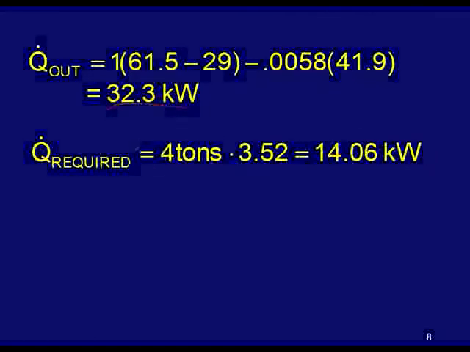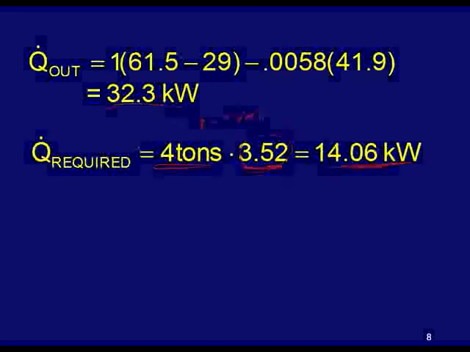Now, the Q that's required turns out to be only 4 tons, and this is a conversion factor to go from tons of refrigeration. Remember what a ton is? A ton is 200 BTUs per minute. If you do the conversion, you'll find that 4 tons times 3.52 kilowatts per ton is 14 kilowatts of cooling is all we need.